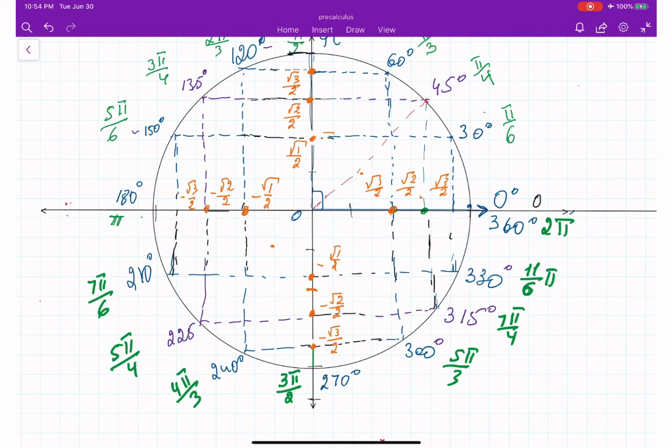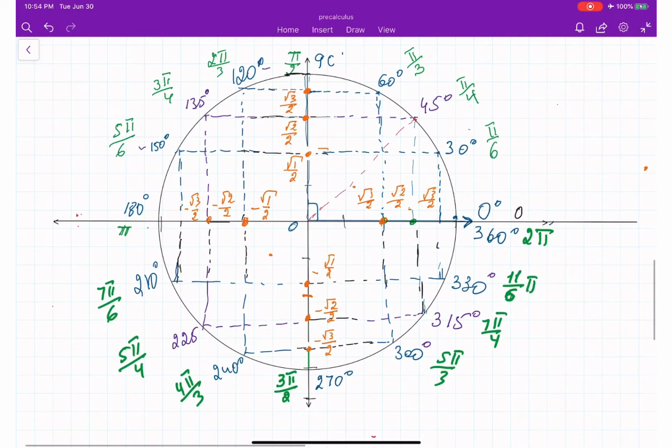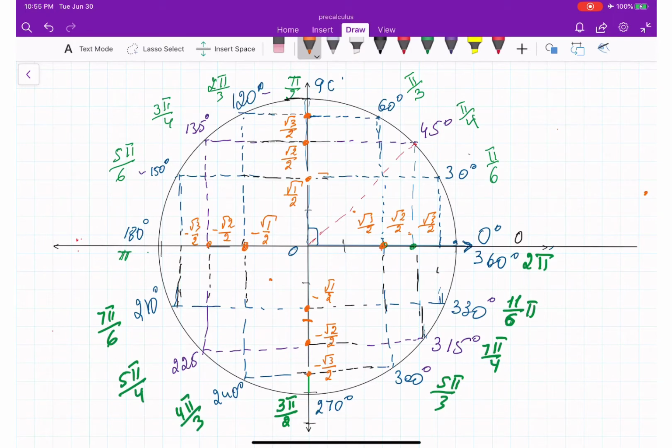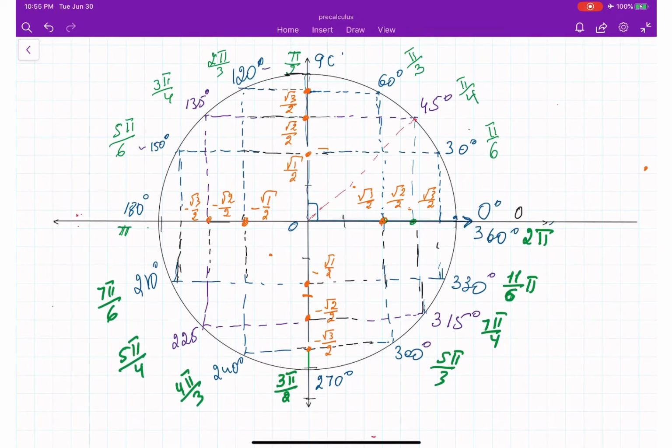All right, so we have the full picture of the unit circle. The only thing missing here is negative angles. Negative angles come this way, in the opposite direction.